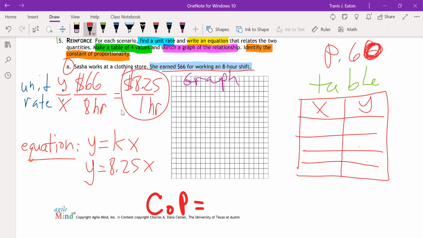We need to make a table of four values. For 1 hour, she makes $8.25. For 2 hours, she makes $16.50. 3 hours times 8.25 is $24.75.